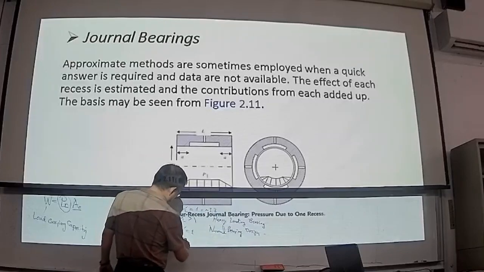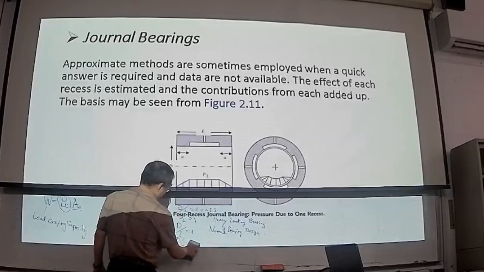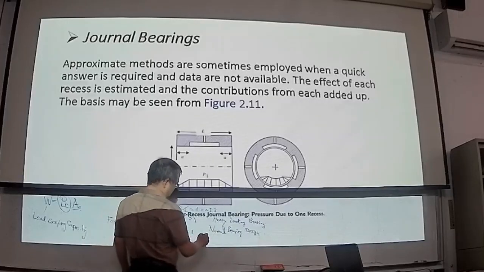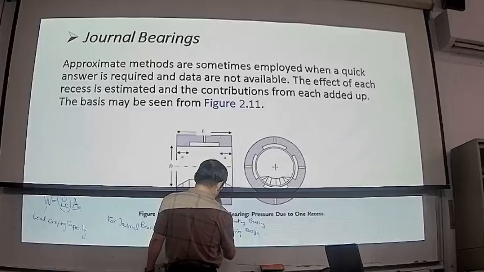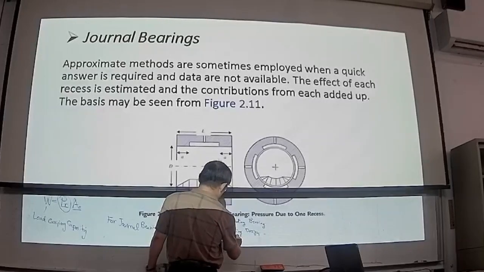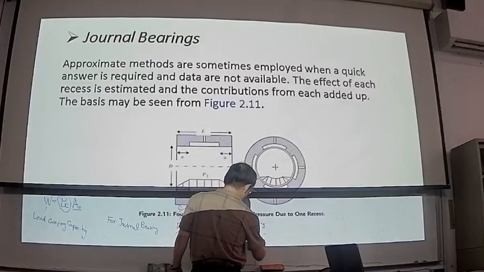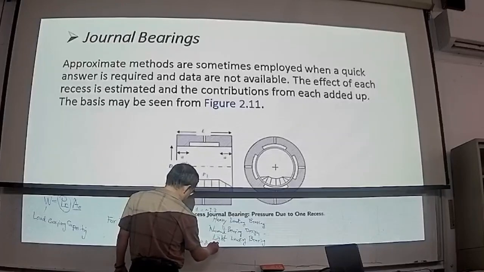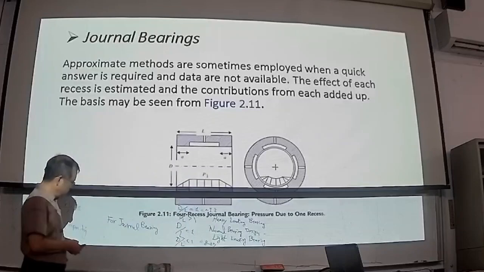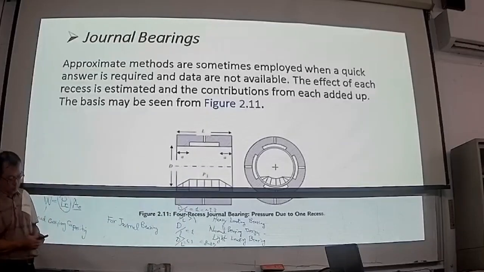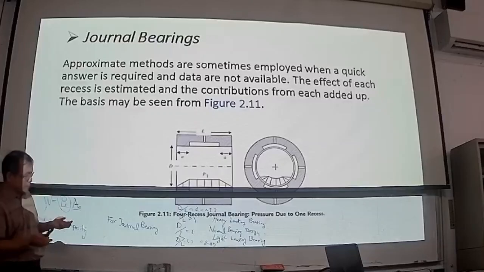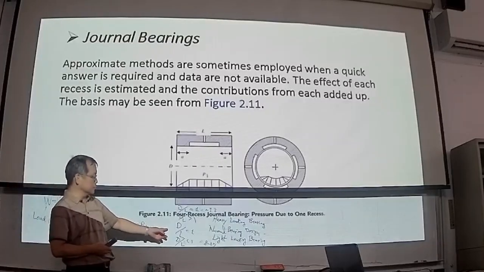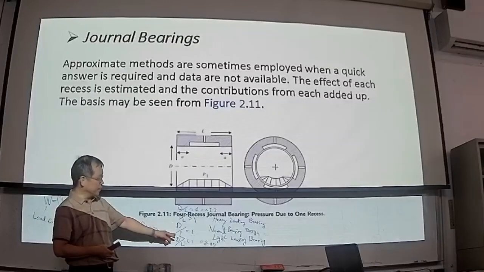If it is for a lightweight design, so for the regular or normal bearing design, we always design the journal bearing with the diameter divided by the length equal to 1.